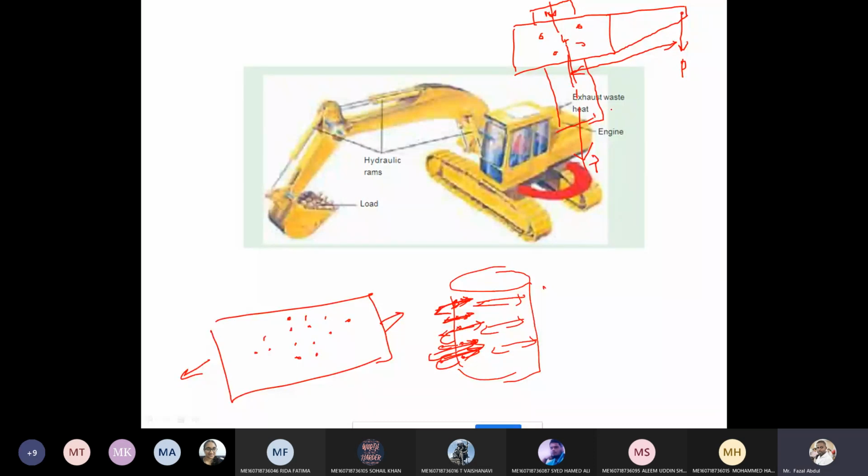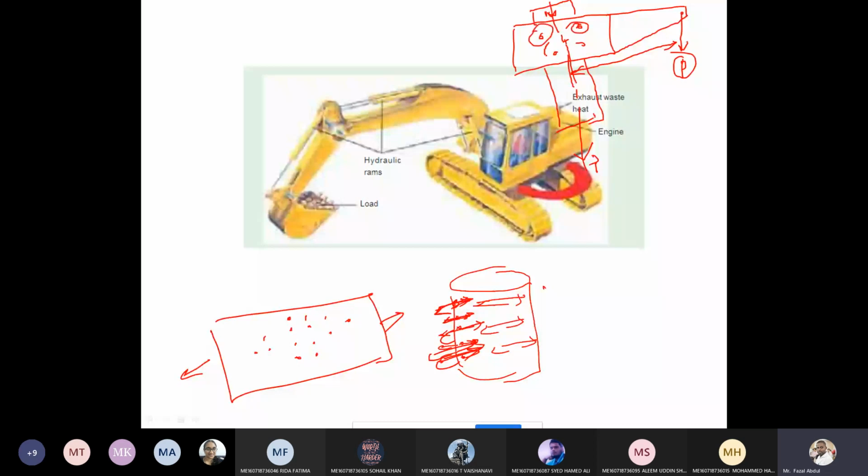And whenever the rivets are subjected to this secondary shear, the load we are applying is not uniformly distributed over all the rivets: this rivet, this rivet and this rivet.